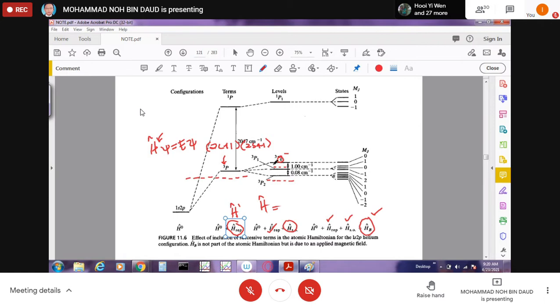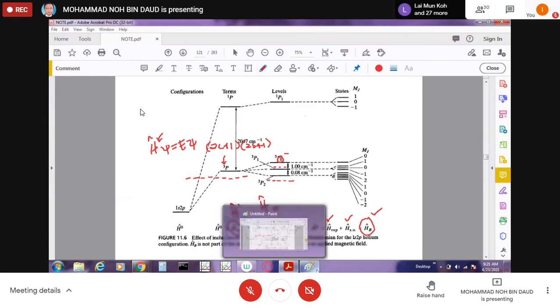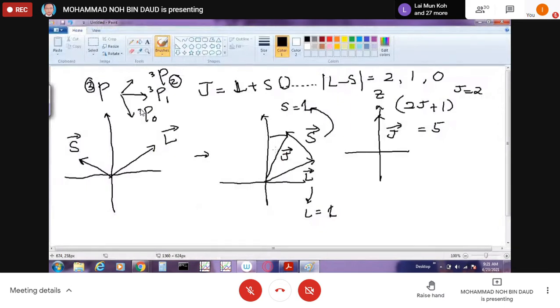Now this energy splits into different J values, J0, J1, and J2. Now we are going to apply this magnetic field. When we apply this magnetic field, the J precesses around this z-axis.